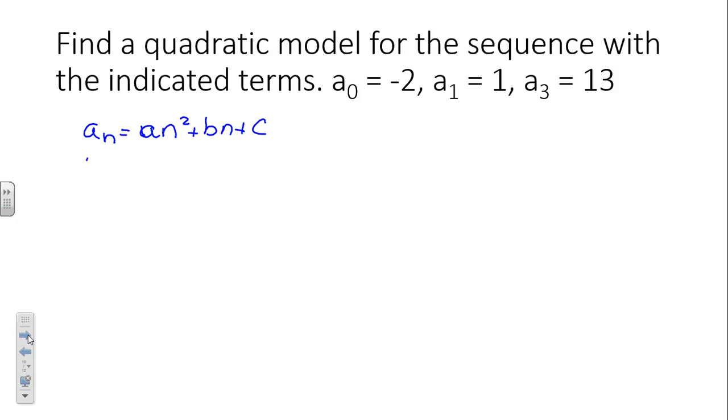That means n is 0. So everywhere we see n, we're going to plug in a 0. And it's equal to -2. So what do we know? c equals -2.